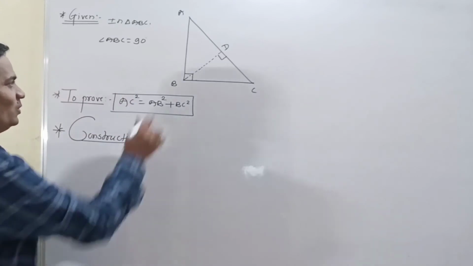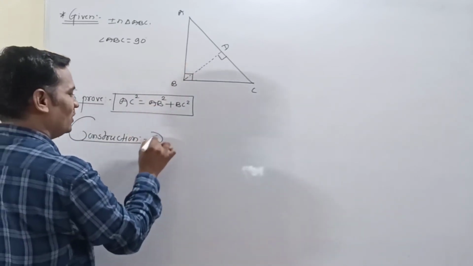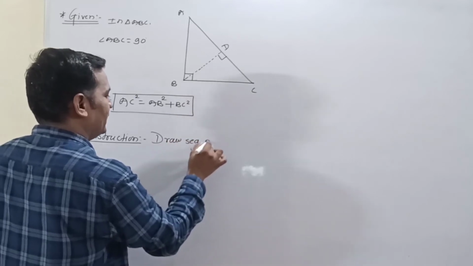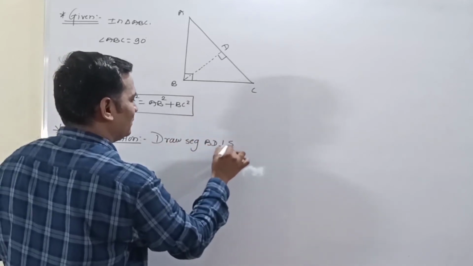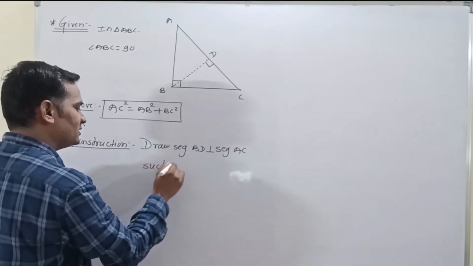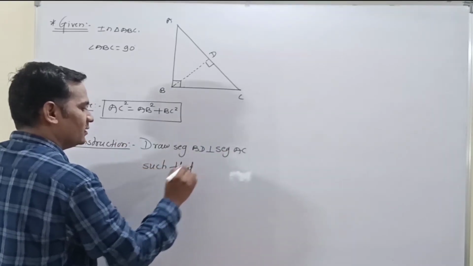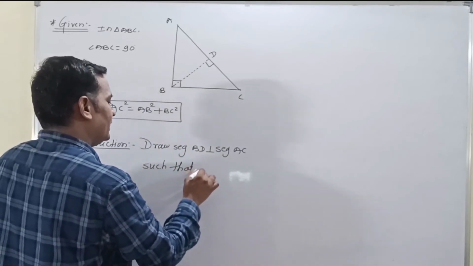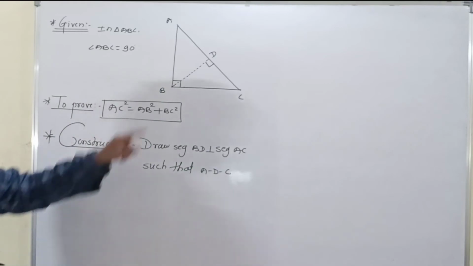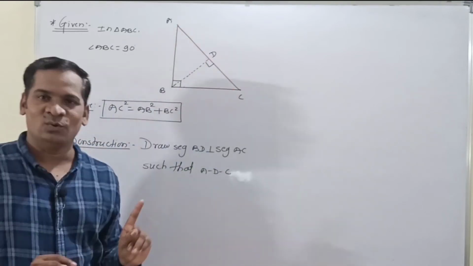Okay, so we will write that here, draw segment BD perpendicular to segment AC such that A-D-C, these three points will be collinear.